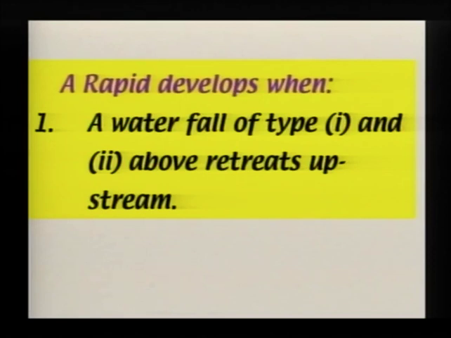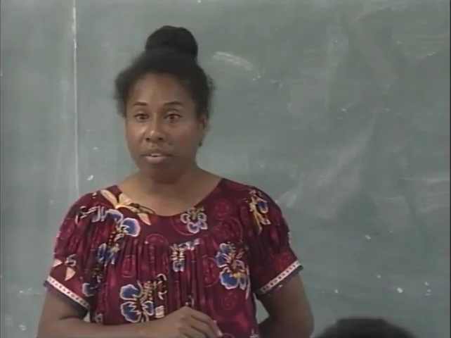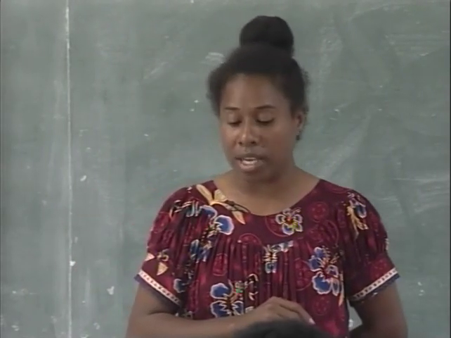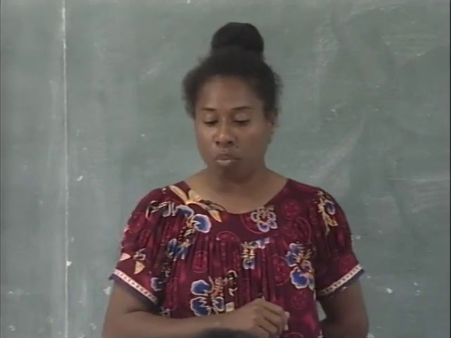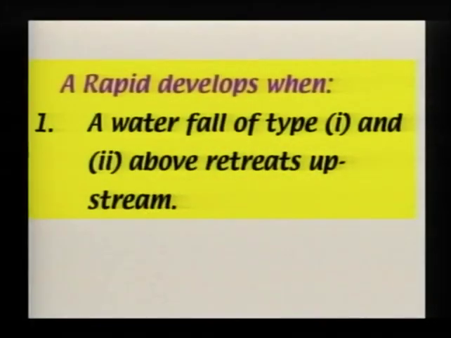The first type is where the hard rock lies horizontally. The second type is where the hard rock dips upstream. And the third type is where you have a vertical intrusion of hard rock along the riverbed. We're making reference to only 1 and 2.